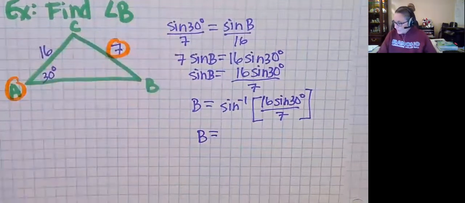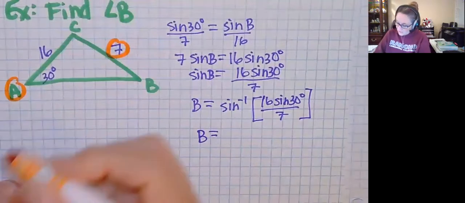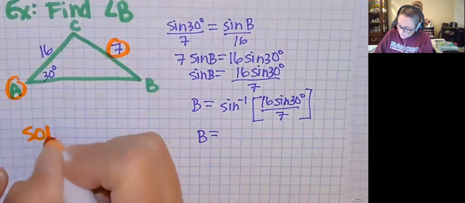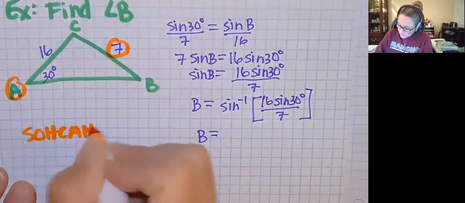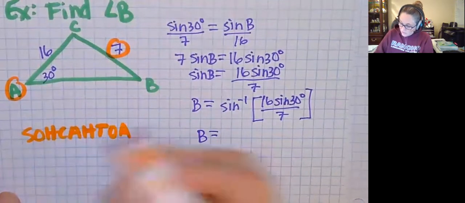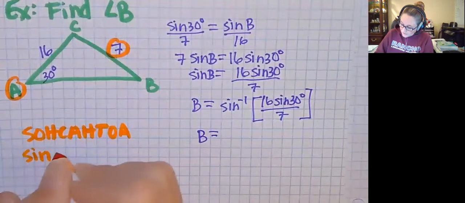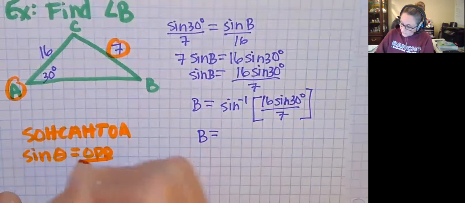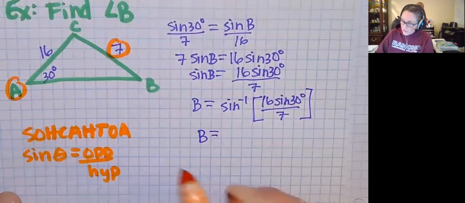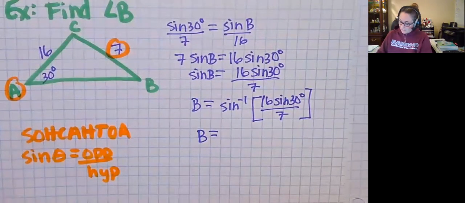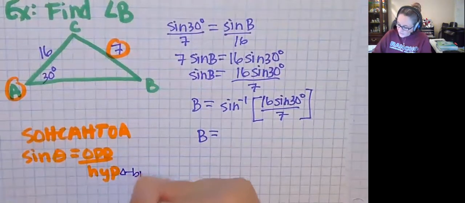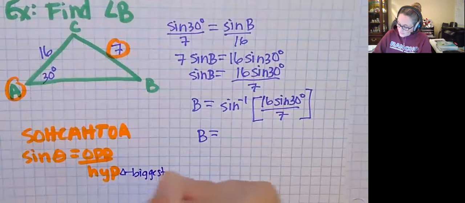And part of the reason is, if you think about sine, and same with cosine, SOHCAHTOA. So sine of an angle, I'm just going to call it theta, is opposite over hypotenuse. Your hypotenuse is always the biggest side.